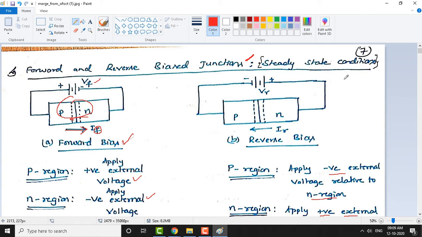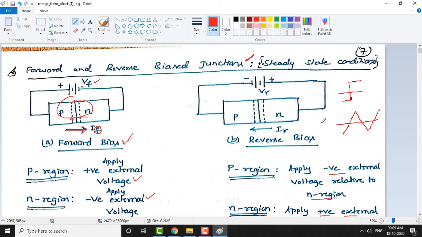That means if you apply an input, instead of applying DC, if you apply waveforms of this sort, what is this waveform? A step waveform. Or if you apply to a diode, instead of this VR or VF, a waveform of this sort, what is this?